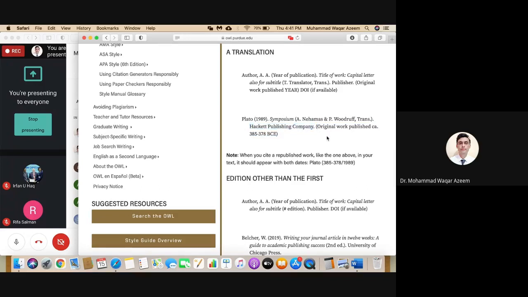Symposium. And then also give in brackets the date when the original book was published. This date, 1989, is the publication of the translation, right? Plato was born about 2000 years ago, so 1989 does not apply to him. It applies to the translated book that you have in hand. So you need to give the original work published date or era over here, whatever that date is.